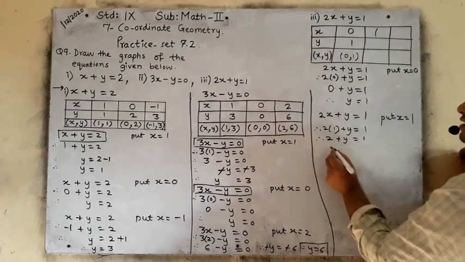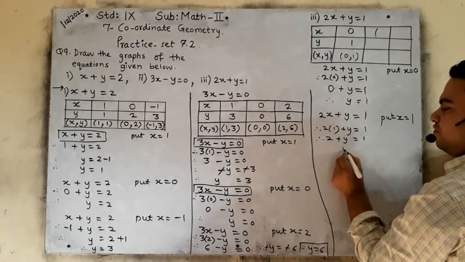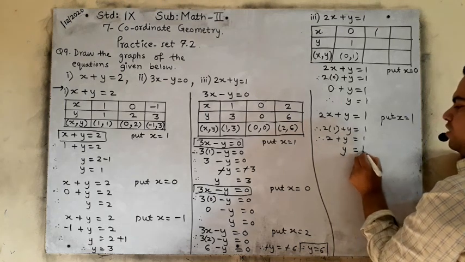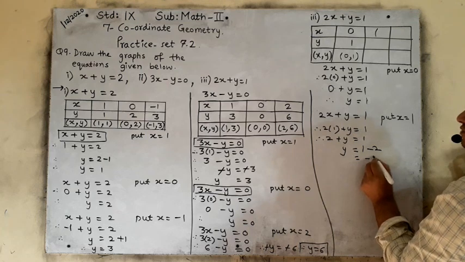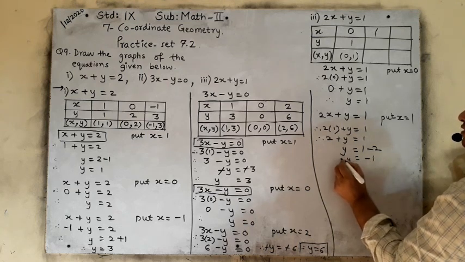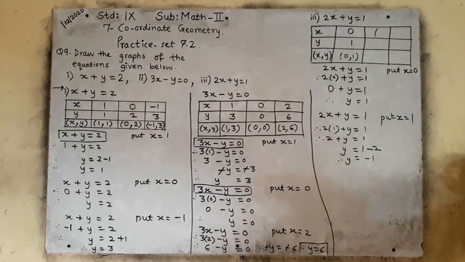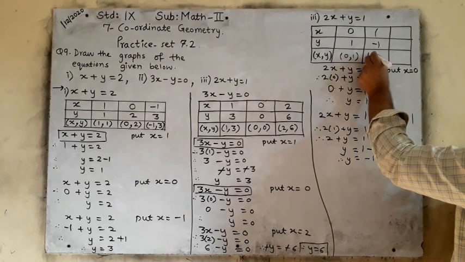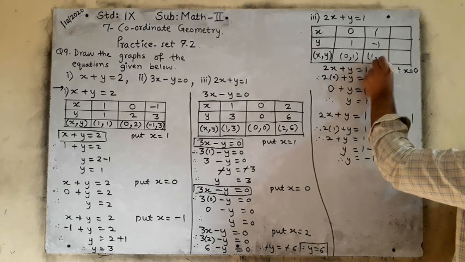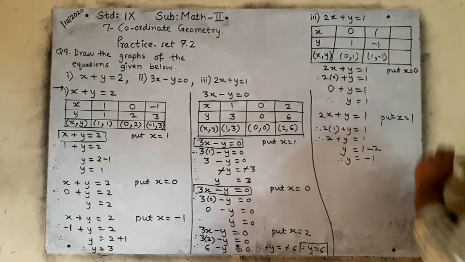Then this 2 will come to the right side, so therefore y is equal to 1 minus 2. 1 minus 2 is minus 1. Is it clear? So y is equal to minus 1. So you will write here it is minus 1. So x coordinate is 1 and y coordinate is minus 1.